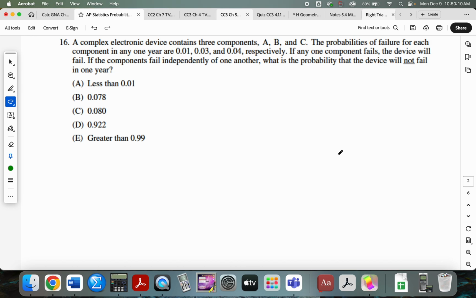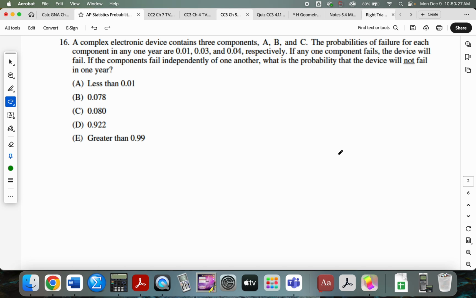So we're looking for the probability that it won't fail. What is that going to be? Is it 1 minus the probability of 0.01 plus 0.03 plus 0.04?